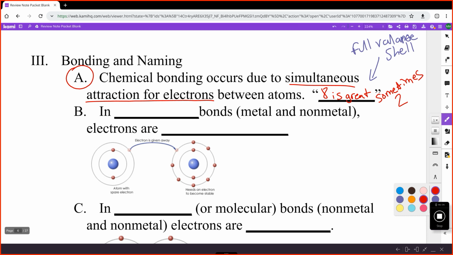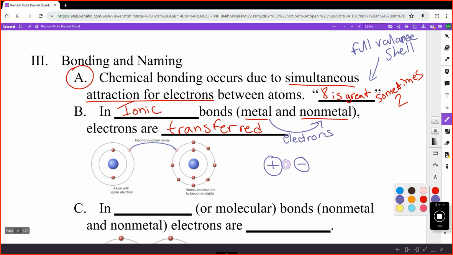There are different types of bonds. The first type of bond that we usually talk about are ionic bonds. Those happen typically between metals and nonmetals. So something from the left side of the table typically bonds to something on the right side of the table. There is a full transfer of electrons from the metal to the nonmetal, and then there is a positive and a negative attraction.